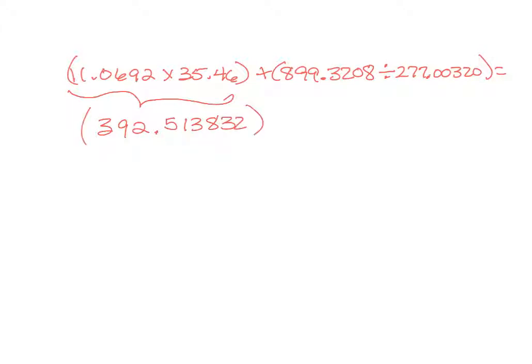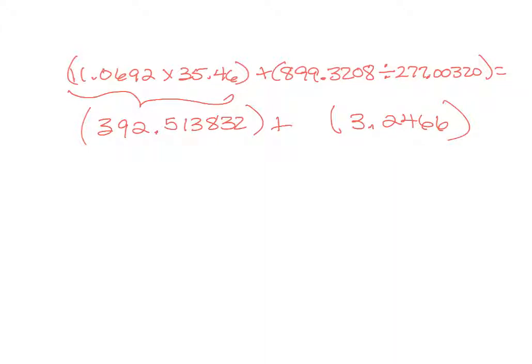And let's see, 899.3208 divided by 277.00320. All right, 3.2466.